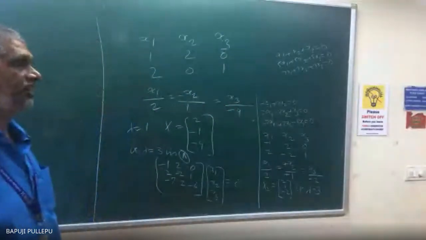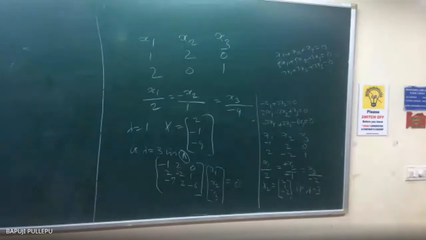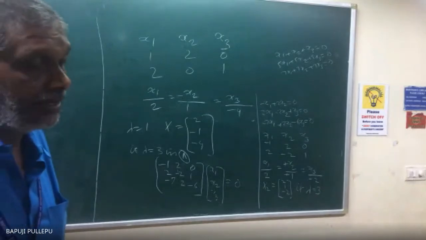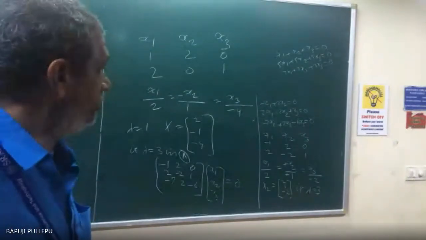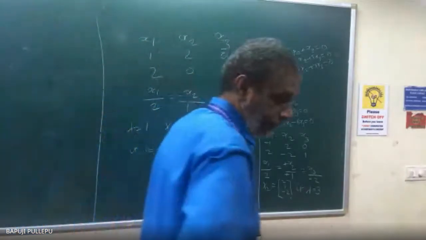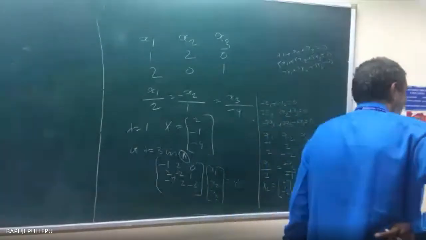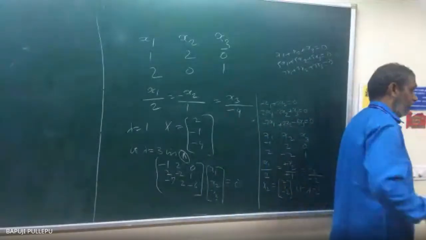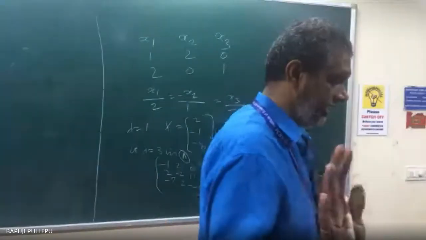When lambda is equal to 3, this is x2. Now the last fellow is what? When lambda is equal to -4, come on, substitute in A. Done, sir. Wait, I'm coming.